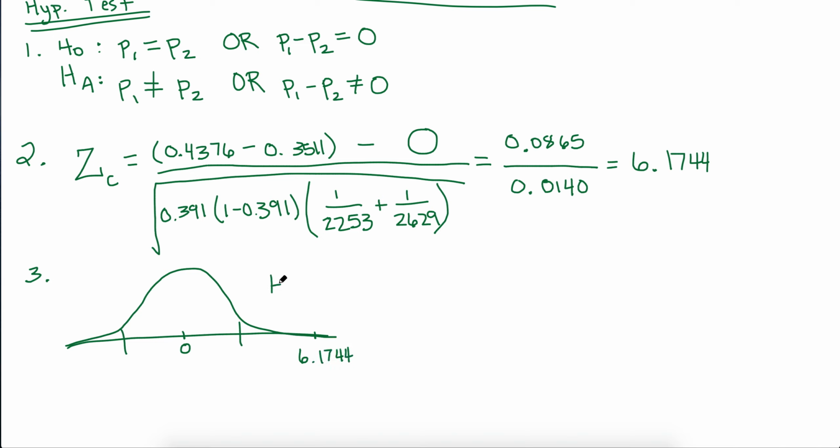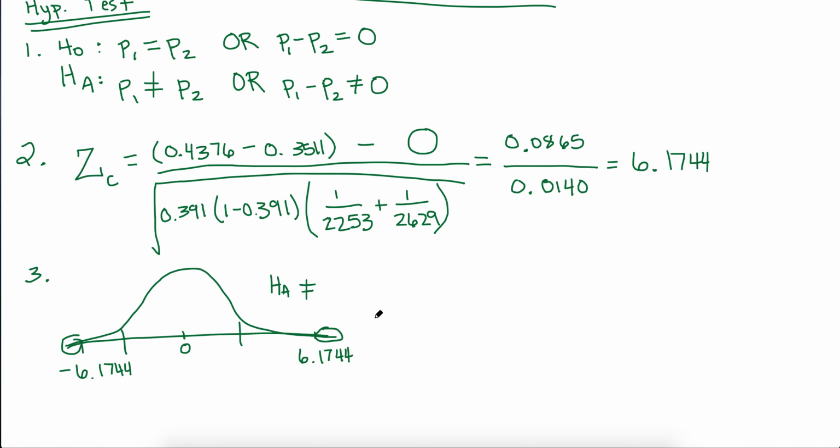Now if you remember, our HA is not equal to. So that means I want to find the probability of being that far off up here in the positive direction. So I'll circle this area, but then also that far off in the negative direction, because I'm not sure which side. So this area. So our procedure was, let's find one of these and just double it.